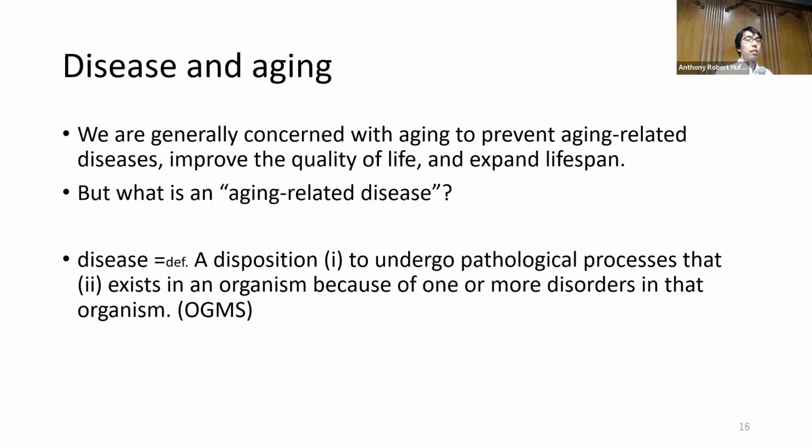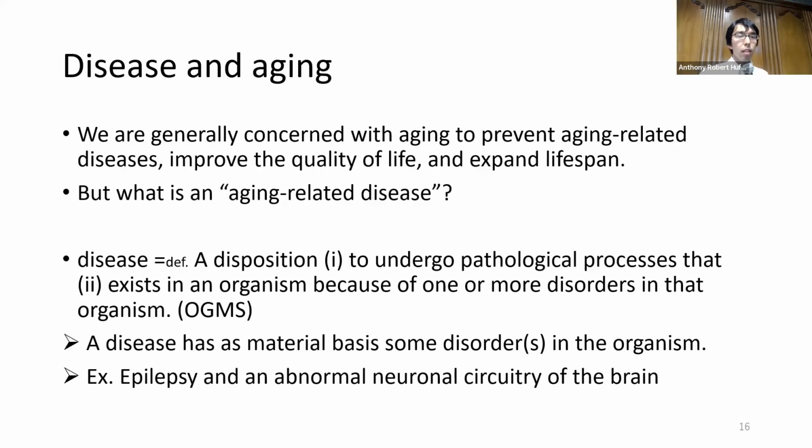It's defined as a disposition to undergo pathological processes that exist in an organism because of one or more disorders in that organism. That means that a disease has as material basis some disorder in the organism. For instance, following this conception of disease, epilepsy is a disposition that has as material basis clinically abnormal neural circuitry of the brain.